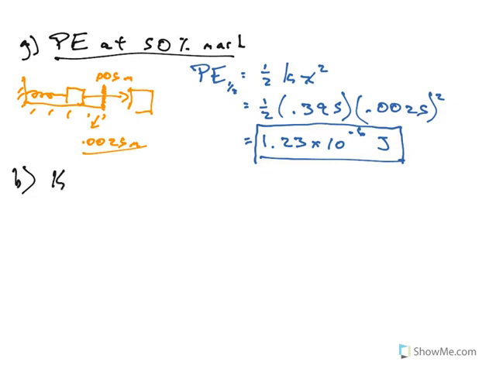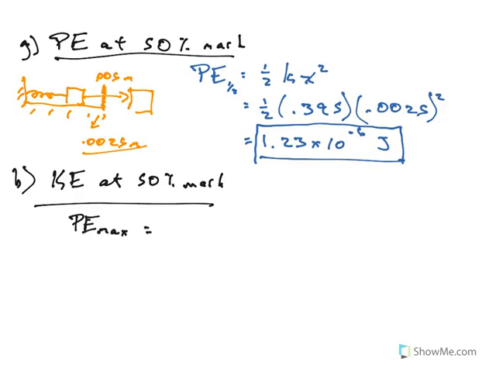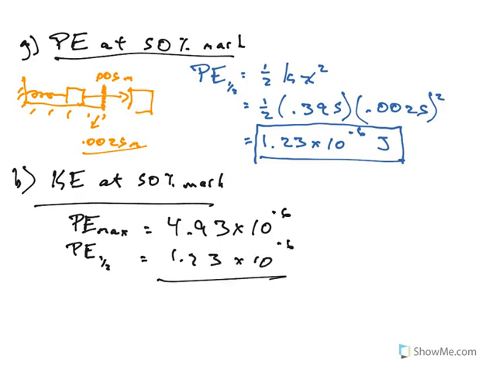Part H says, all right, what's the kinetic energy there? Well, if we remember, our previous maximum potential energy was 4.93 times 10 to the minus 6, and the potential energy at this point was 1.23 times 10 to the minus 6.